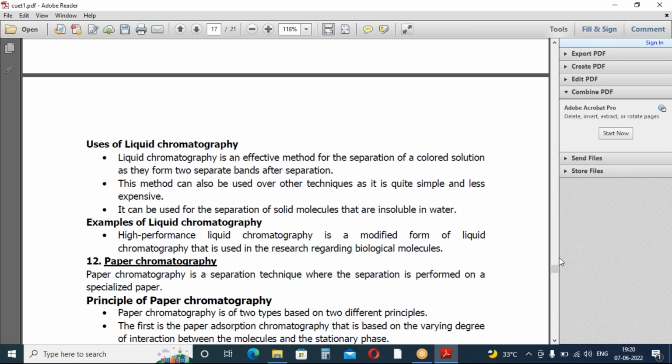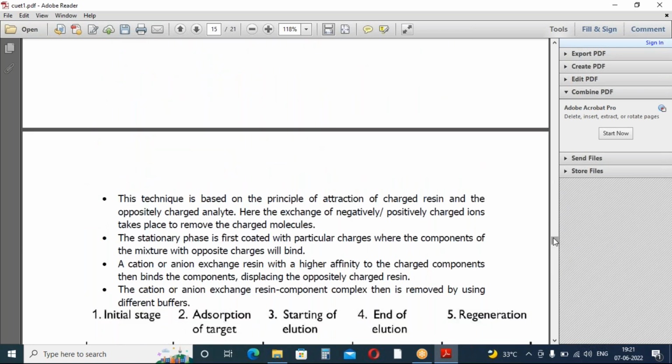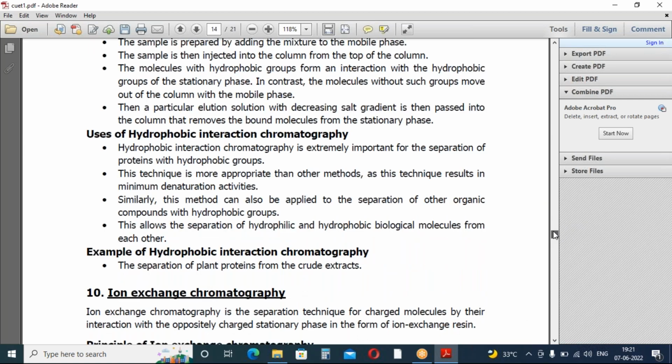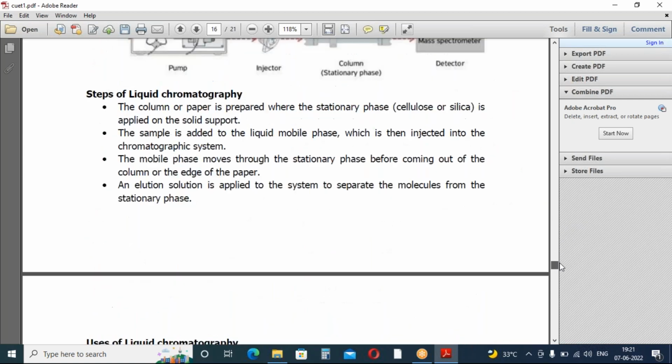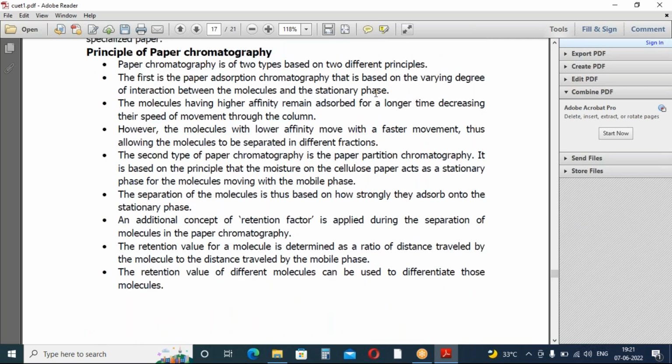And next, coming to paper chromatography. This is also majorly based on the interaction between the molecules and the stationary phase, and mainly on the adsorption power. This occurs between the mobile phase and the stationary phase.